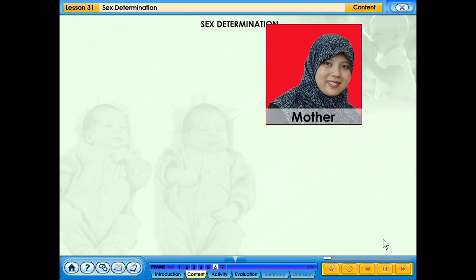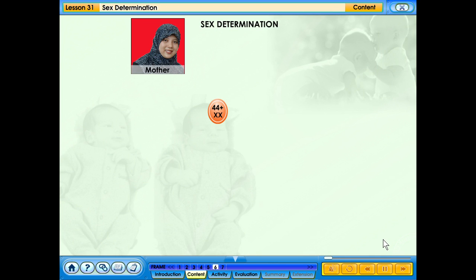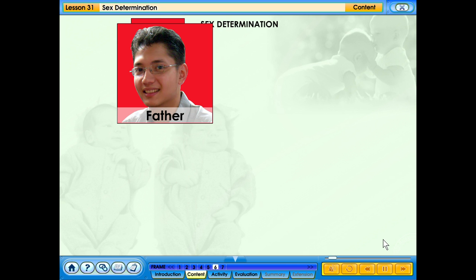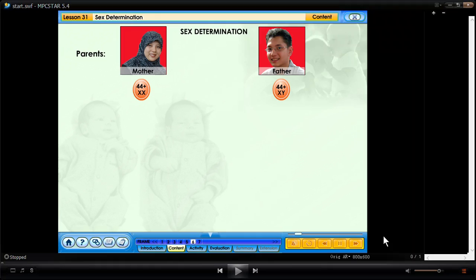A female has a pair of X chromosomes. A male has one X and one Y chromosome.